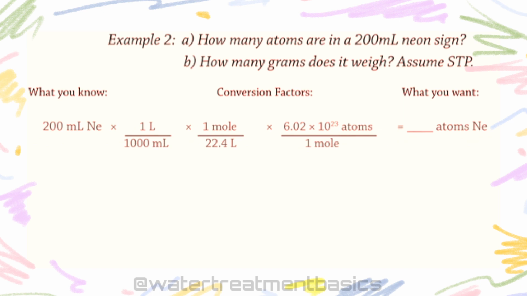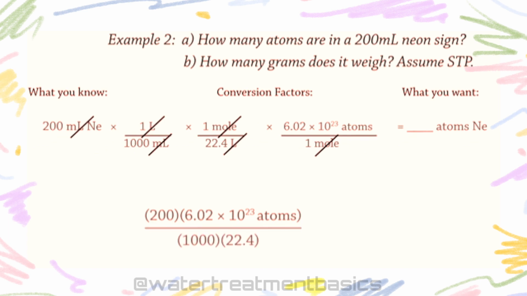Check to make sure our units cancel. Milliliters cancel, liters cancel, and moles cancel, leaving atoms of neon. 200 times 6.02 times 10 to the 23rd divided by 1000 times 22.4 equals 5.4 times 10 to the 21 atoms of neon.